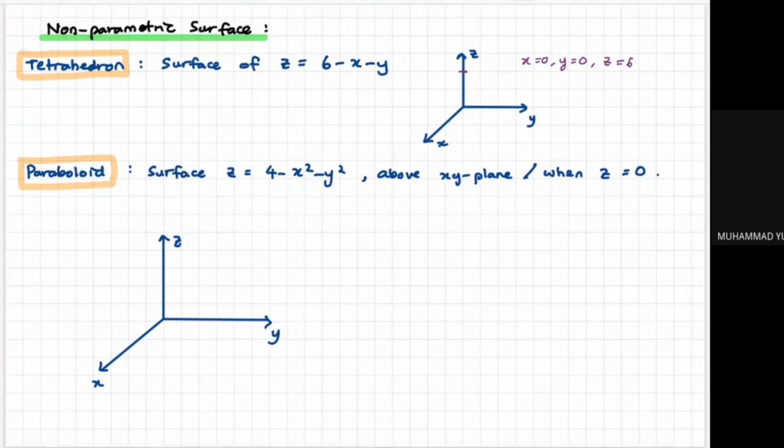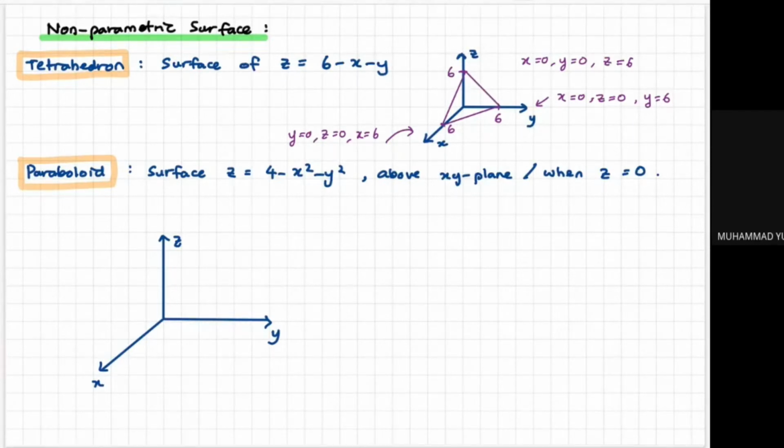For the y-axis, x equal to 0, z equal to 0, then you get y equal to 6. For the x-axis, y equal to 0, z equal to 0, then you get x equal to 6. Then connect all the points.